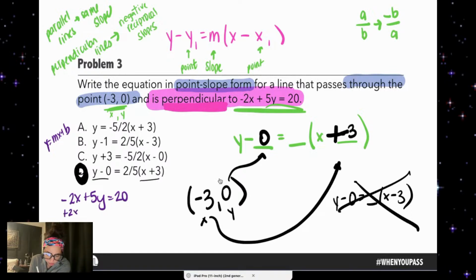Add 2x to both sides. So I have 5y equals 2x plus 20. Divide both sides by 5. And I get y equals 2/5 x plus 4.